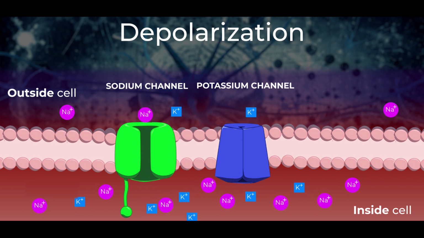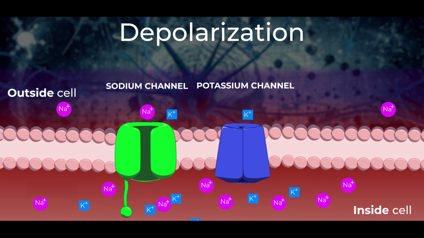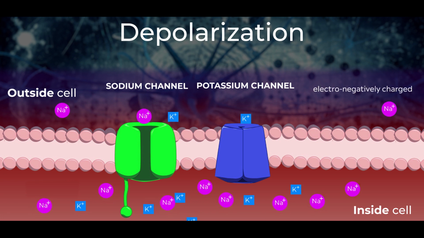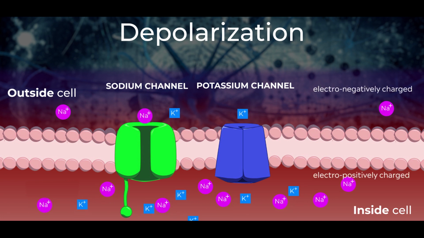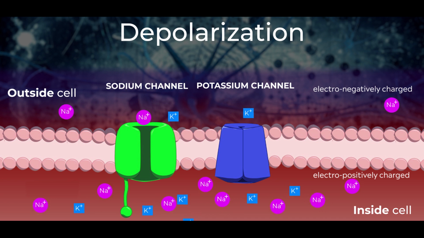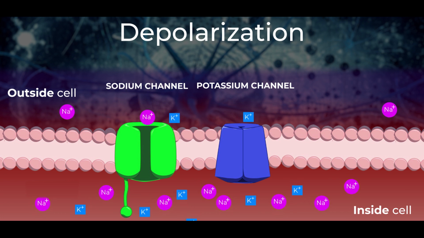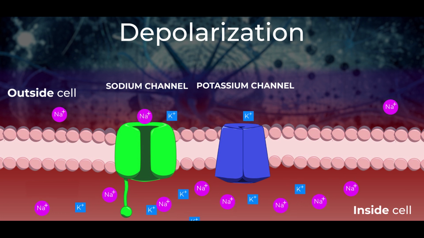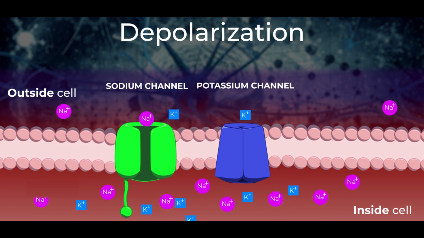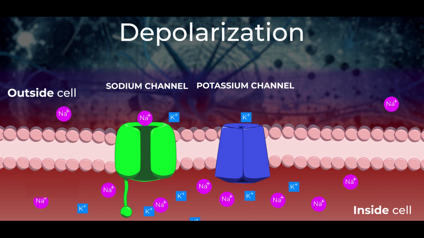Now outside the cell membrane it becomes negatively charged, and inside, in the exoplasm, it becomes positively charged. This state of the axon fiber we call the depolarized state, and the process is called depolarization.